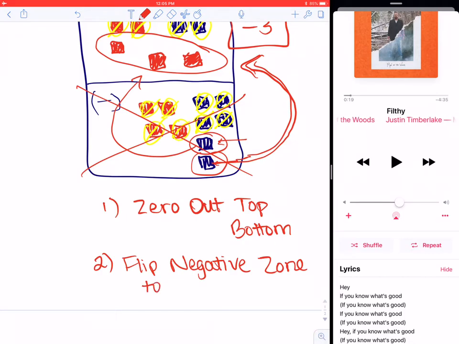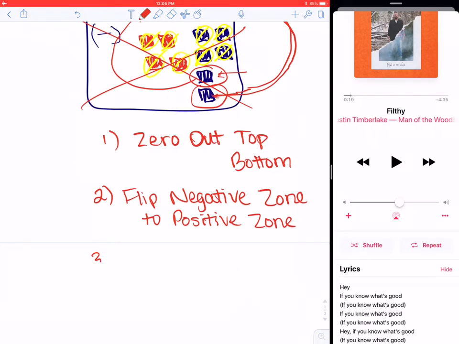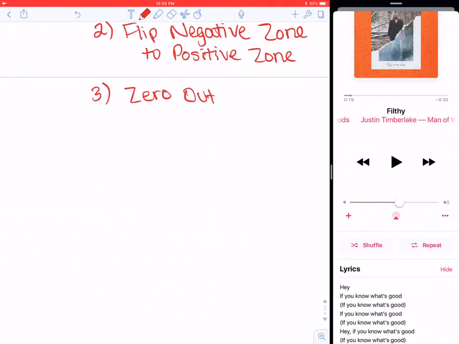We're flipping it to the positive zone. And then we're going to ask ourselves, can we zero out again? And whatever's left is our answer. Let's look at this without using tiles.